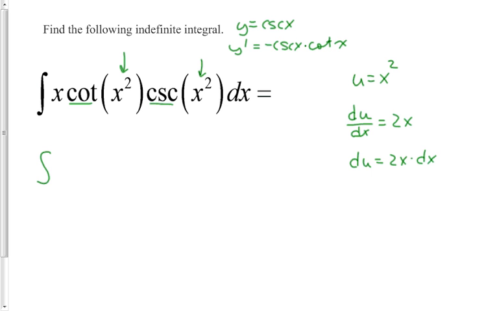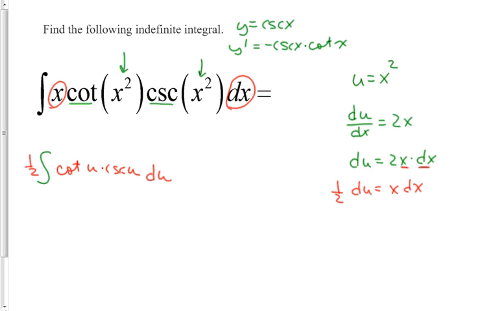So let's start to substitute here. Okay, I've got my x and my dx. That's over here in my substitution part. I can substitute du for that, but again, there's that 2. So I'll put the 2, make it into a 1/2 on the other side, x dx. So I can just put the 1/2, and then I'll have the du. So that took care of my x and my dx. Okay, and then I'll just have the cotangent of u times the cosecant of u.